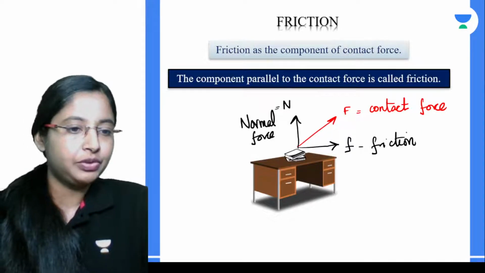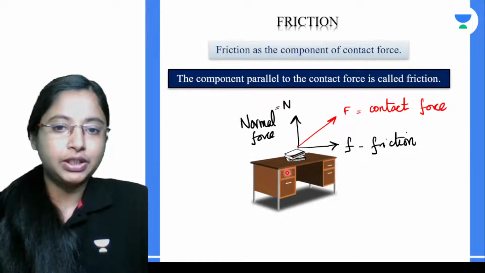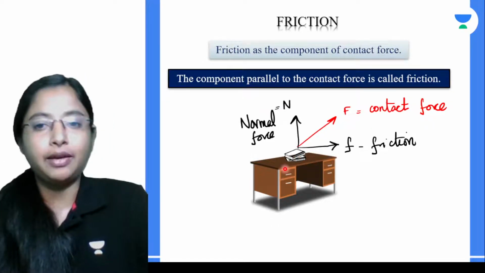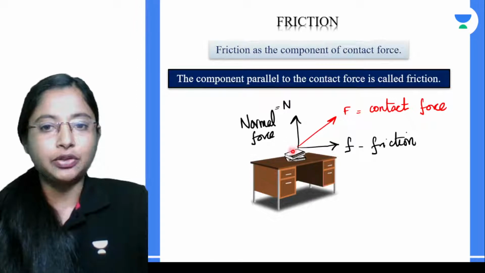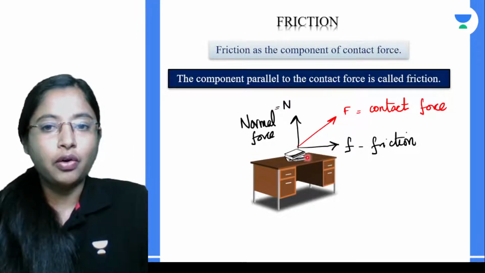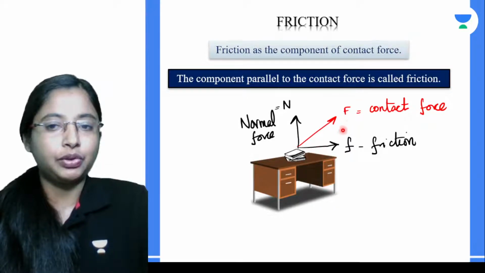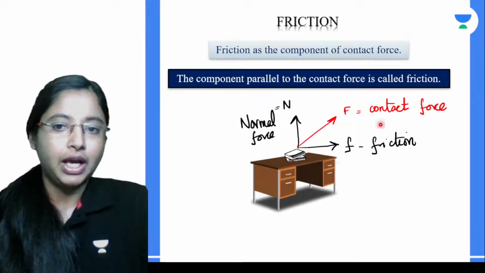The contact force comes into the picture when this book applies a force on the table, and obviously the table also applies a force on the book. That contact force can be resolved into component forces, and the component parallel to the surface is called the frictional force.